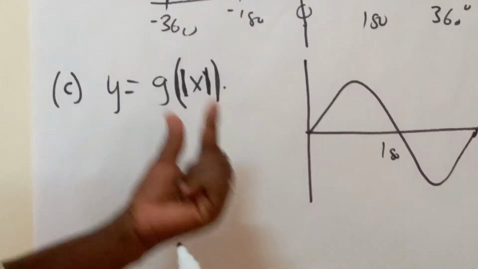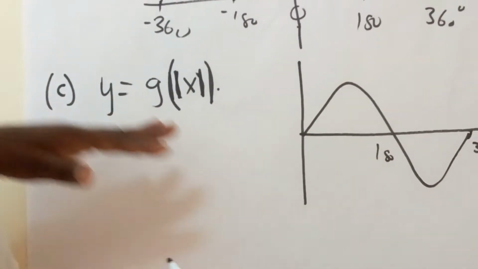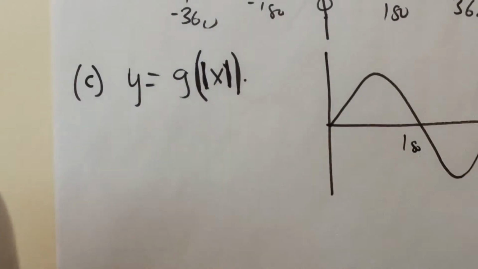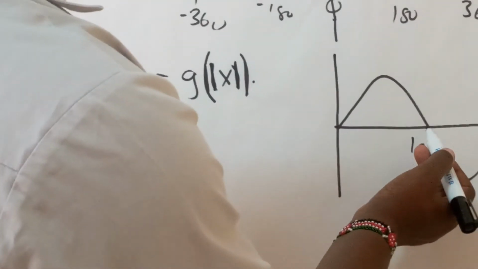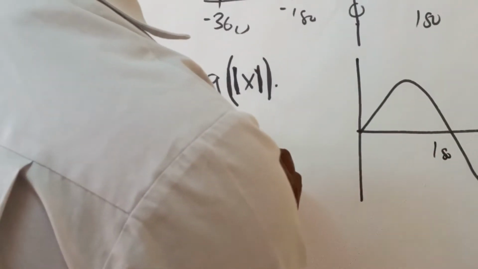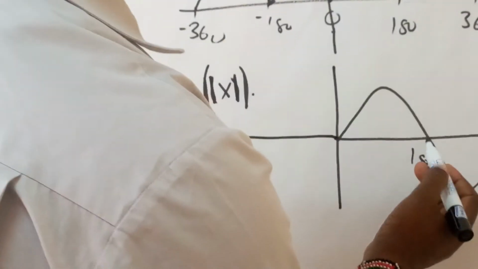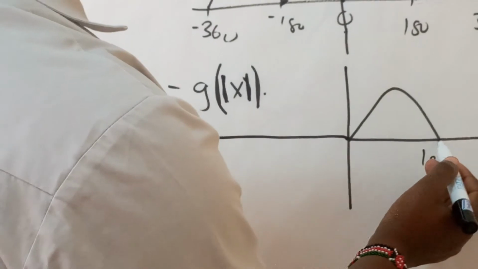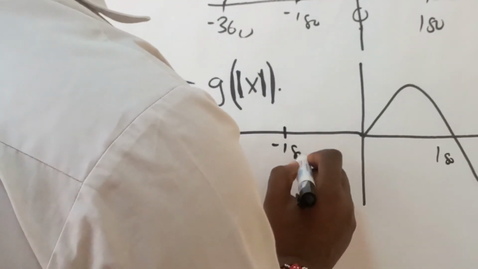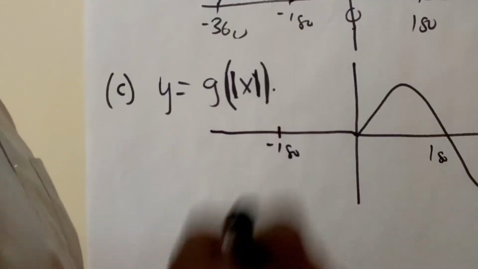When x was 180, the value of y was 0. So when x is negative 180, the value of y is still supposed to be 0.